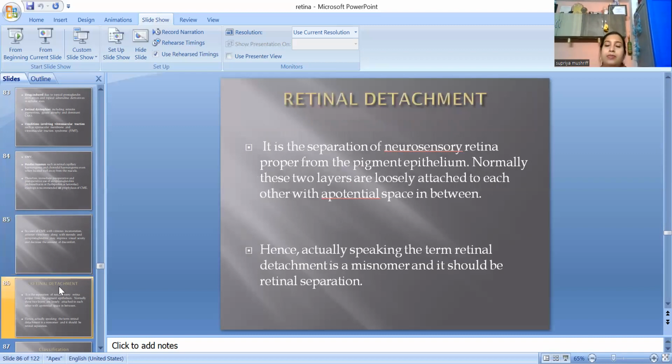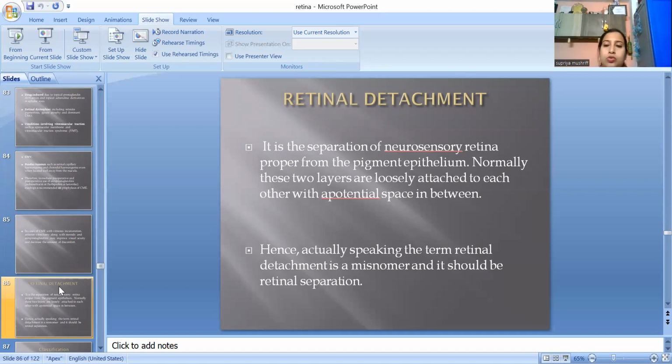Retinal detachment is a very important topic both theoretically and practically. To start with the definition, it is the separation of the neurosensory retina, which I have told you has 9 layers. That's why I told you in my earlier slides what the neurosensory retina is. It is 9 layers excluding RPE. So it is the separation of the neurosensory retina proper from the underlying retinal pigment epithelium.